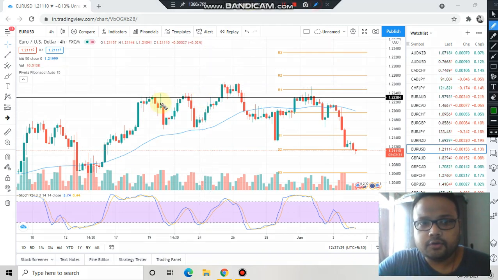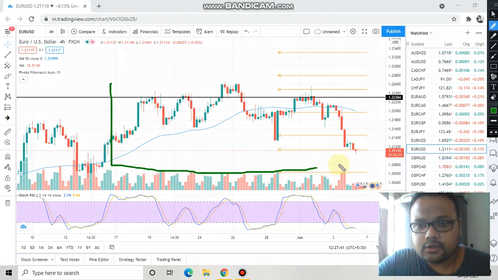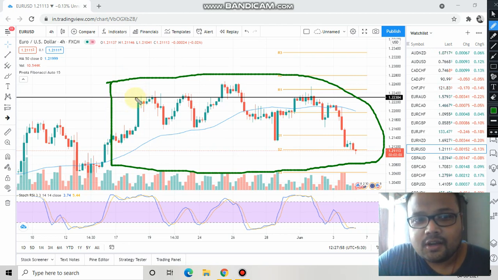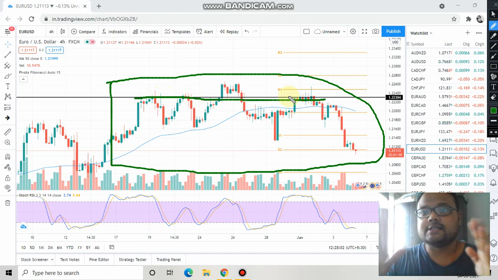If I tell you to just focus on this particular portion, do you still think the market is in an uptrend? Hell no, the market is in a sideways range. Yes, the overall trend is up, but right now the market is in a range, it is sideways, and the market is having some serious issues crossing this particular price level, because this level is acting as a resistance to the market.